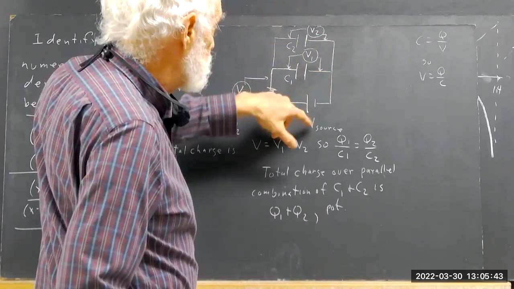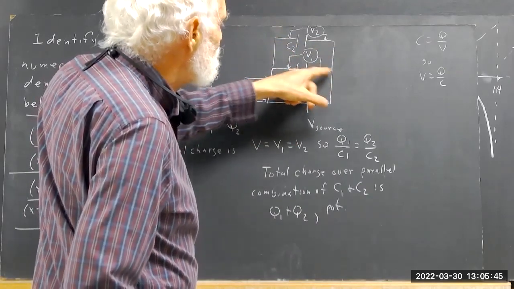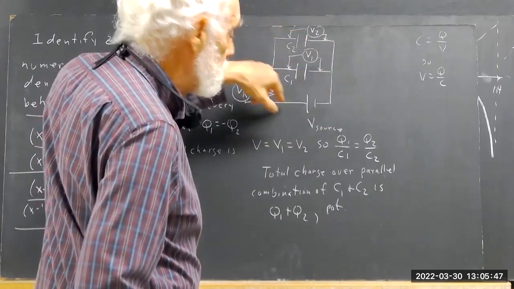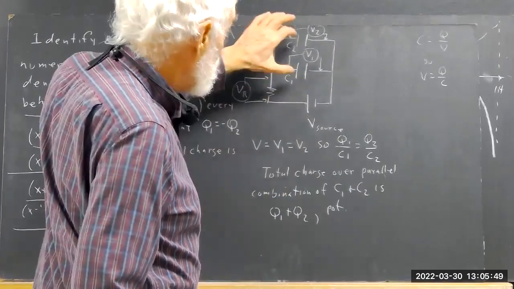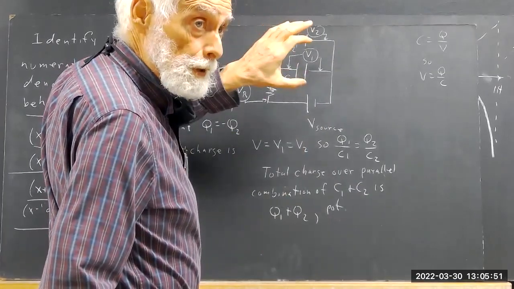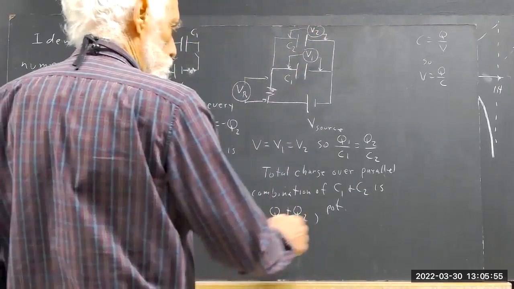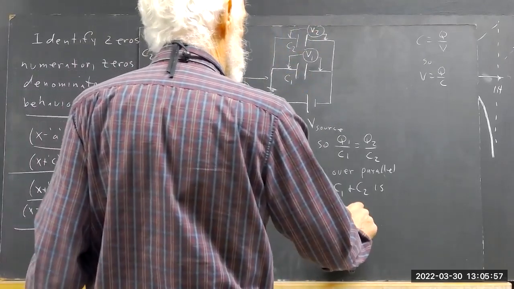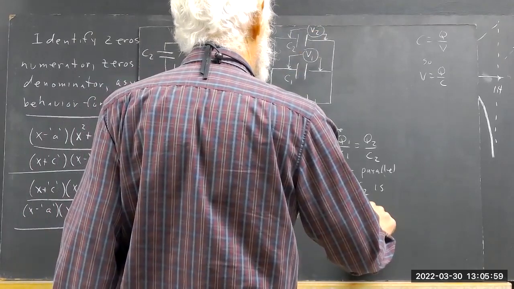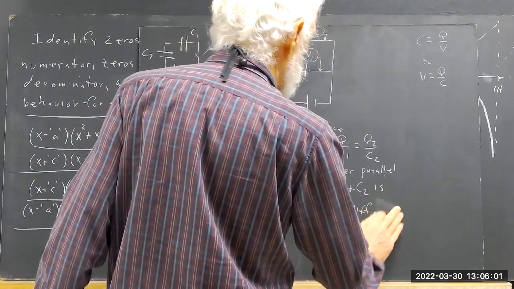Think about it: this thing has pulled negative charge off of here and off of here, so that the voltages adjust to be the same. I want to think through that, so I don't want to say too much more about it. The potential difference is V.